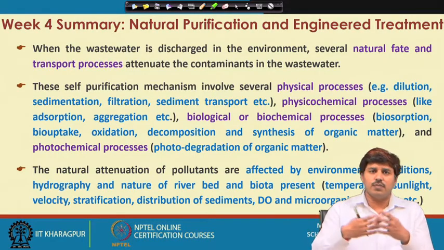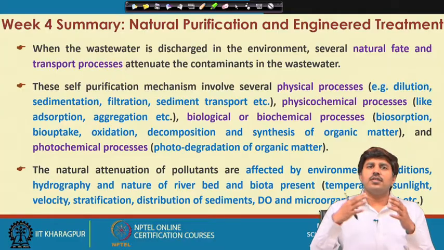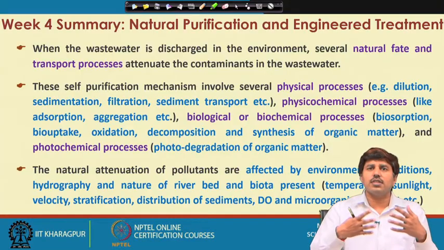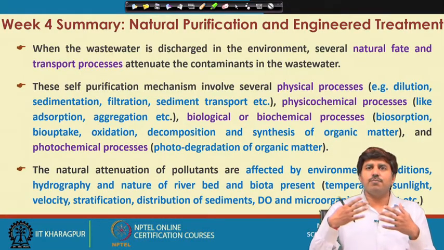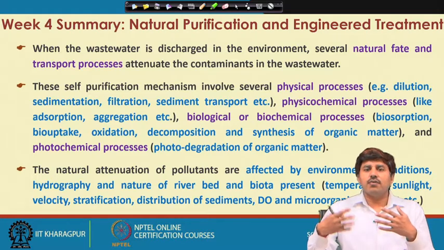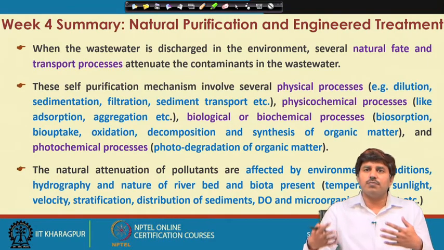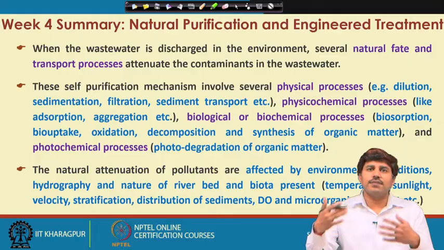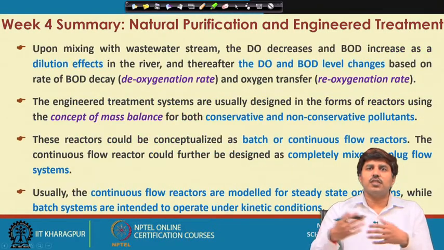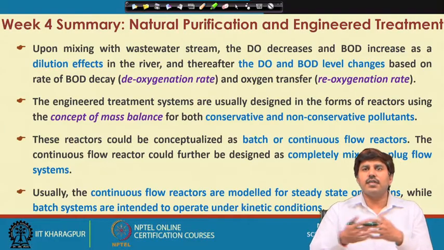Because DO varies based on the stratification, then the distribution of the sediments, what kind of sediments are there, what is the absorption ability of those sediments, and the dissolved oxygen, which is of very prime importance for the self purification ability of the rivers. Then what kinds of microorganisms are present, these are the factors that will eventually govern to what extent these pollutants are dealt with in nature.